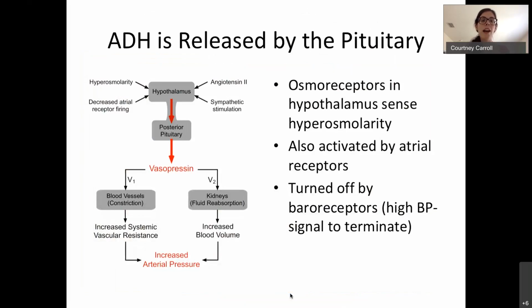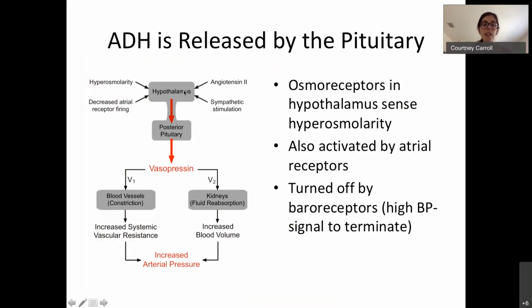This is showing you how ADH is released, or what controls ADH release. ADH is made in the hypothalamus, and it's stored and then released from our posterior pituitary when it's been activated by a signal from the hypothalamus.